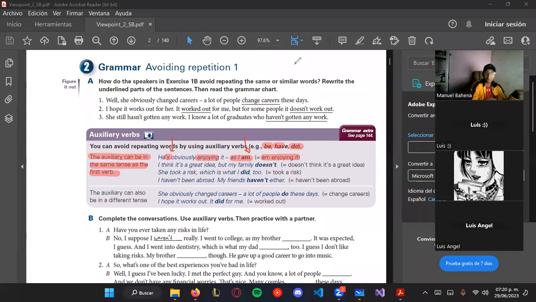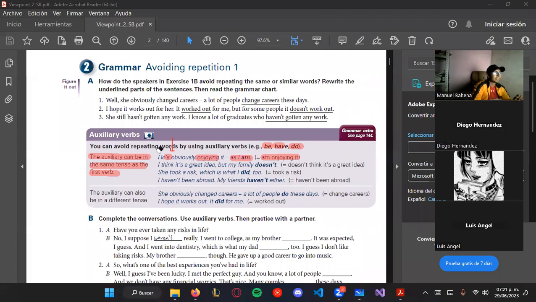To be, exactly, in the same tense, en el mismo tiempo verbal. It would be wrong if I say as I was, in this sentence specifically, en esta oración en particular, because it wouldn't be the same tense, no sería el mismo tiempo, right? Yes, understood?